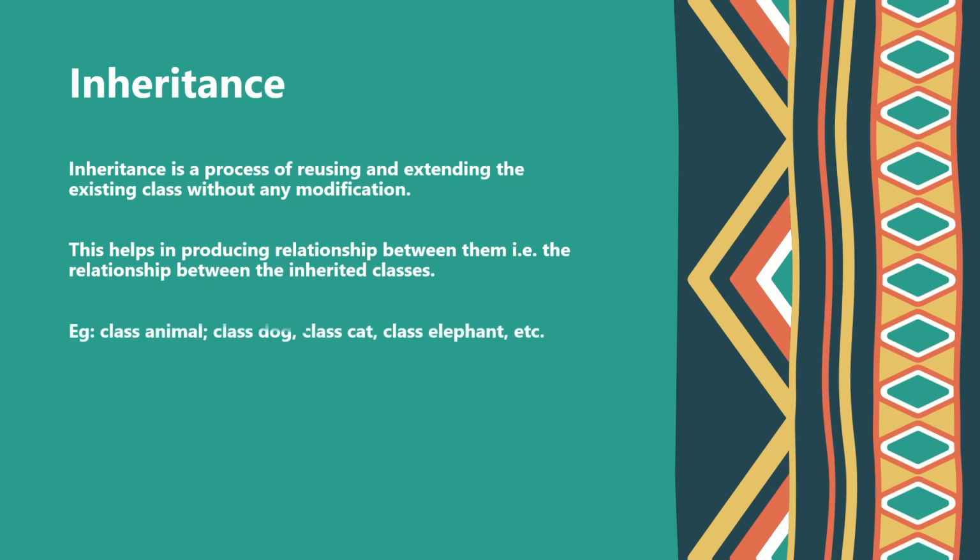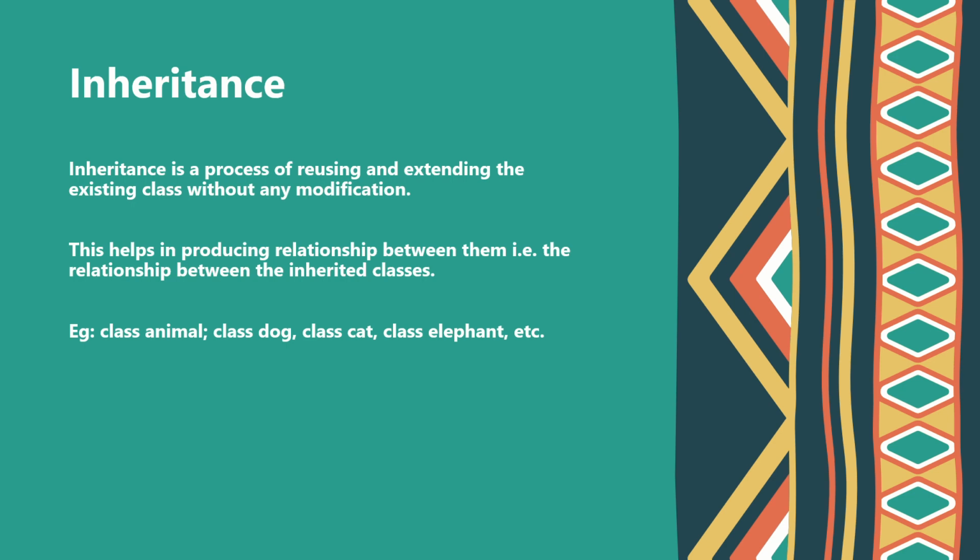Okay. Now, a simple example is class animal. Class animal is a main class which has some properties in it, like sound or shape or size, you can name any properties.